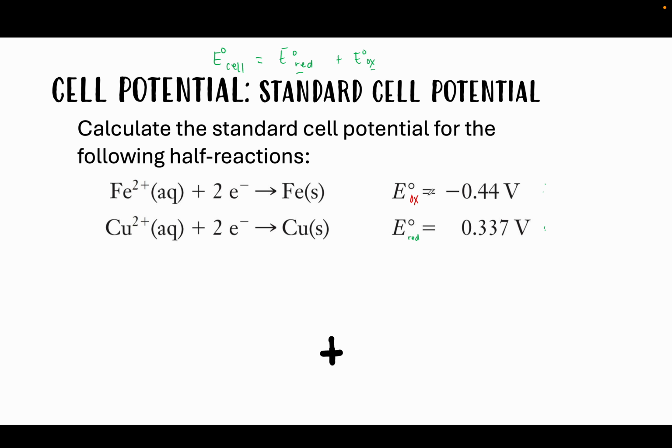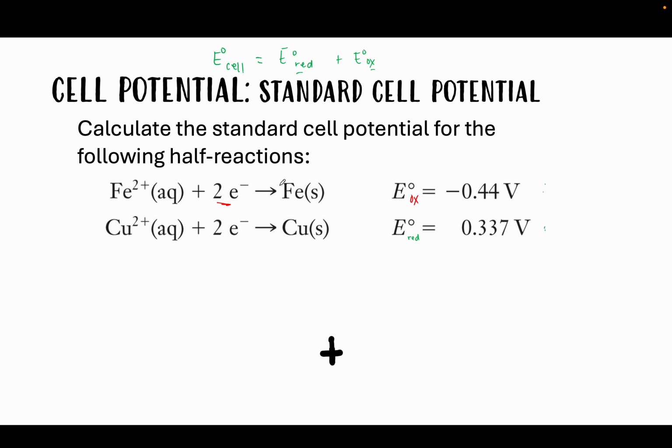So this is oxidation. Look at the half reaction. It is reduction because the electrons are at the left side. Recalling that if you have oxidation, electrons are expected to be at the product side.